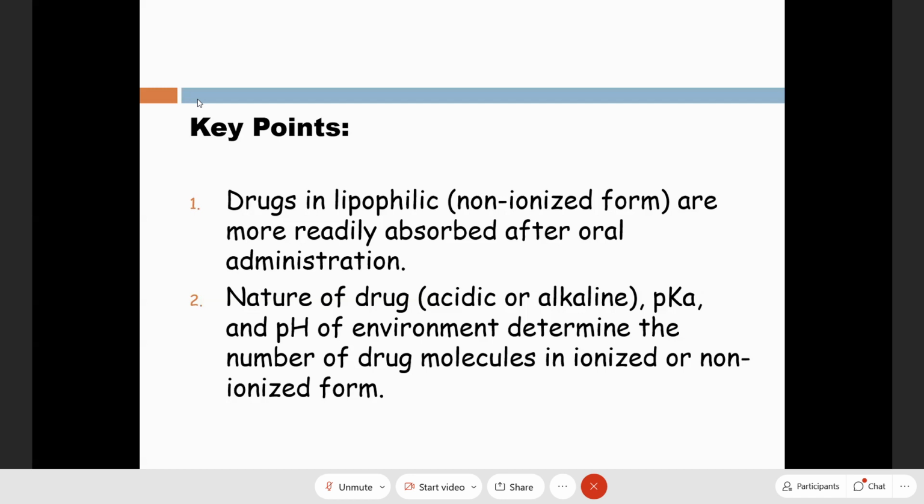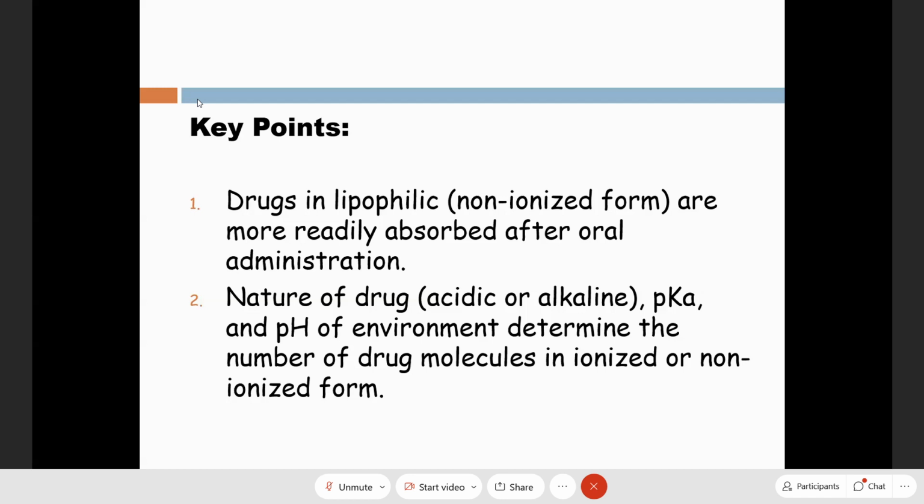So the nature of the drug, whether it's acidic or alkaline, gives a different outcome.